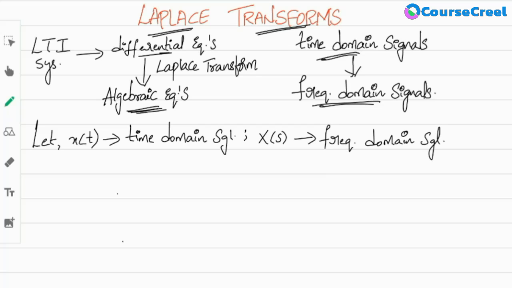Now, by using Laplace transform, we will see how to convert this time domain signal x of t to the frequency domain signal x of s.